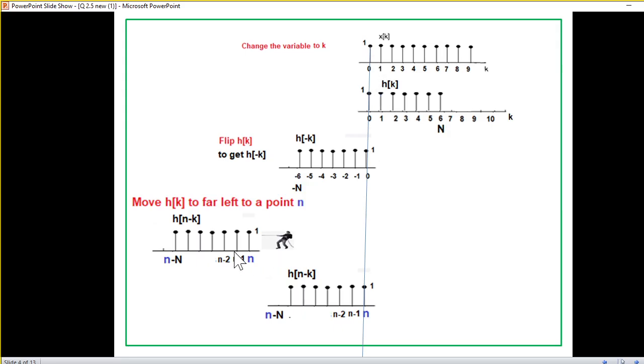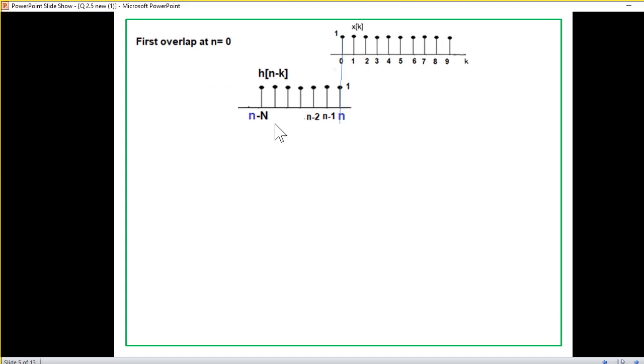So we want to bring it to a point where it overlaps with the x[n] signal. So this is our first overlap at n equal to 0. And from here, we keep moving this towards the right.